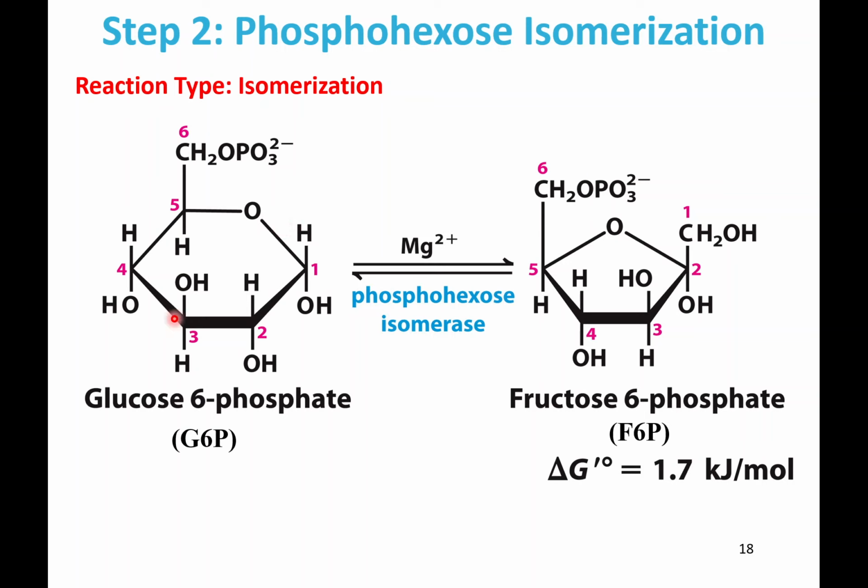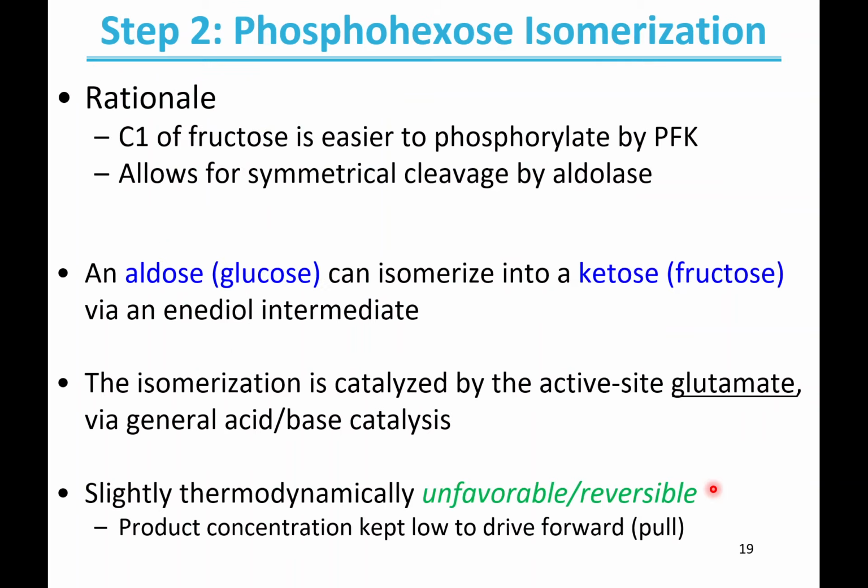You're changing the glucose, which is an aldose, into fructose, which is a ketose. The delta G naught prime is 1.7 kilojoules per mole, which is very close to zero. Slightly unfavorable, but close to zero.